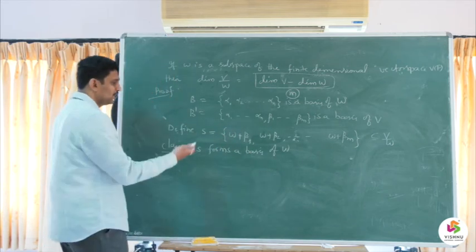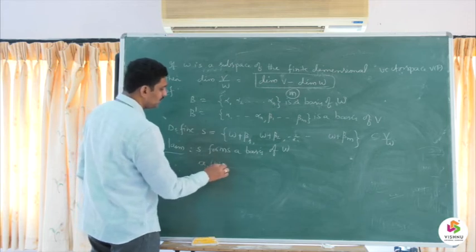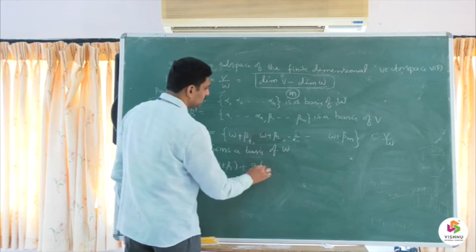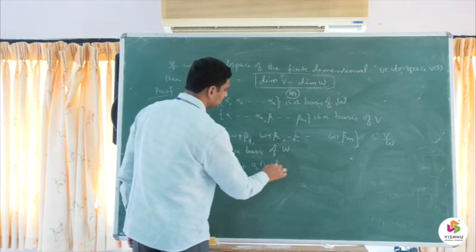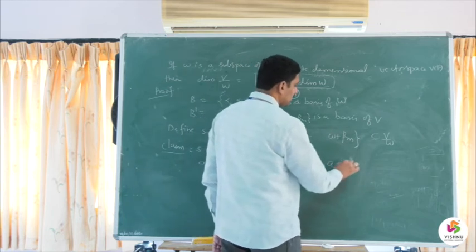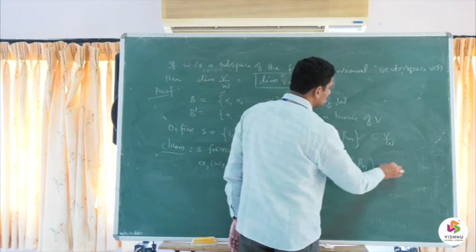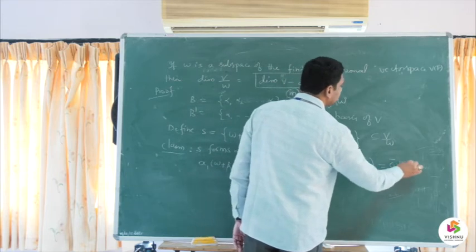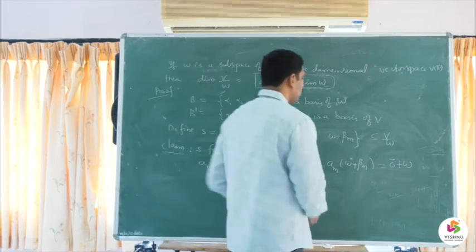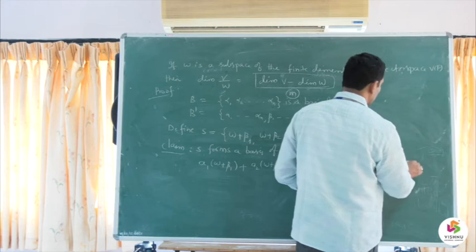So, for this you write a linear combination as, say, A1 into W plus beta 1 plus A2 into W plus beta 2 plus so on plus AM into W plus beta M is equal to 0 bar plus W, or you can write W plus 0 bar, whichever way you want. Since I have taken right cosets, I will write it as W plus 0 bar.